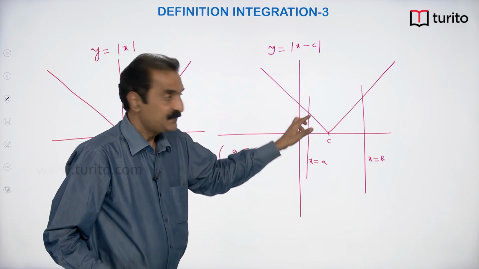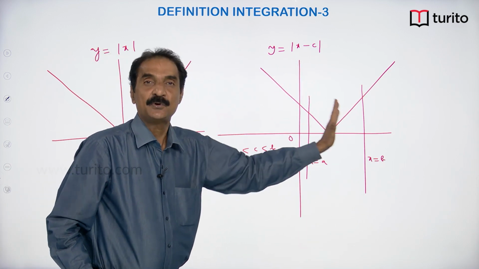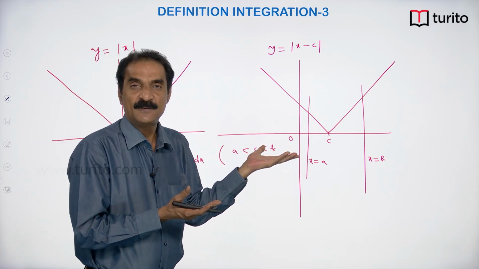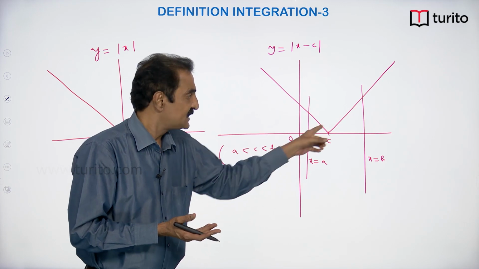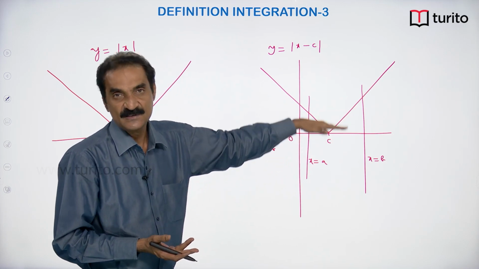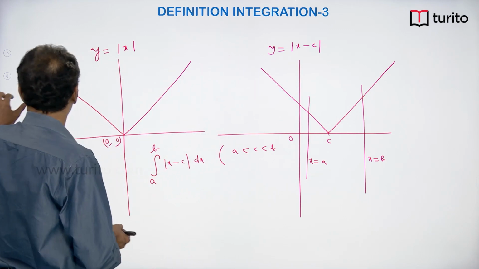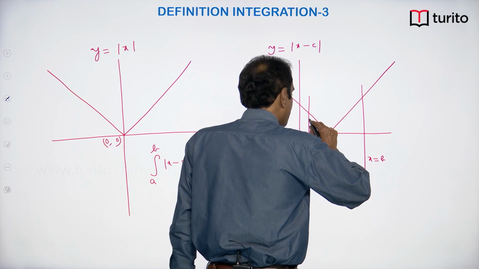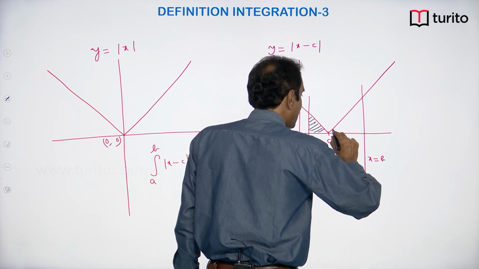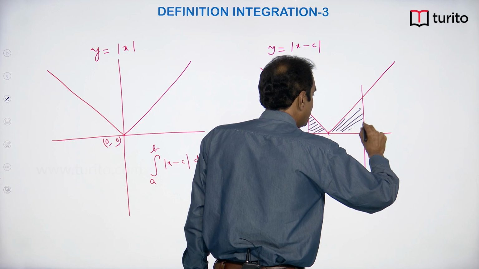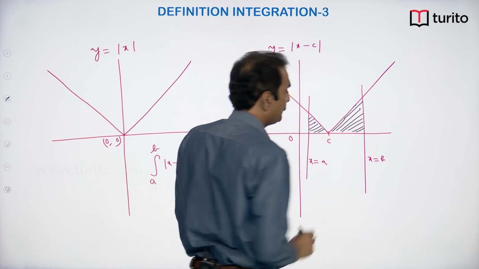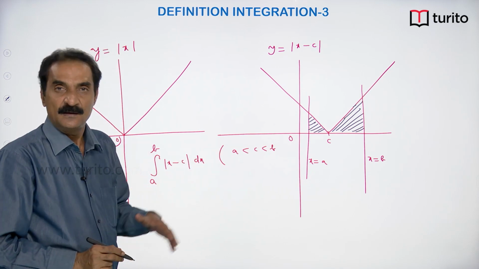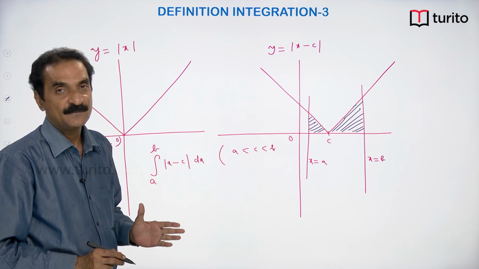If you integrate this function from x is equal to a to x is equal to b, we know that the value of the integral will give you the area bounded by this curve and x axis, because the curve is completely above the x axis. So this integral is nothing but area of this triangle plus area of this triangle. That black shaded part is the value of this integral.